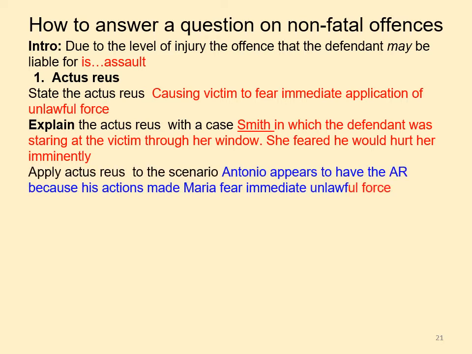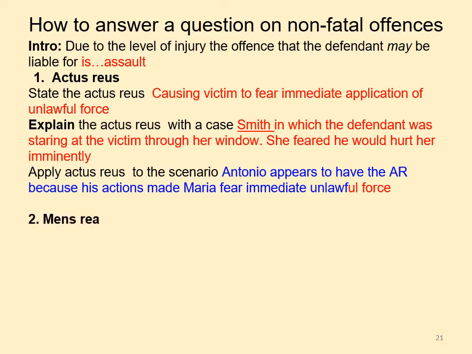So in this scenario, Antonio appears to have the actus reus because his actions made Maria fear immediate unlawful force. So if you notice, you've got key elements of the actus reus. So you've got what the defendant did, and then you've got the impact on the victim. And both of these are picked up in my application.